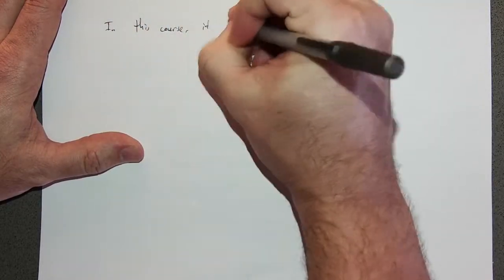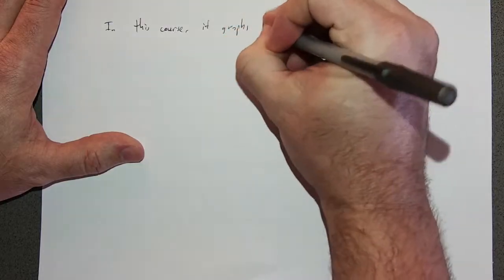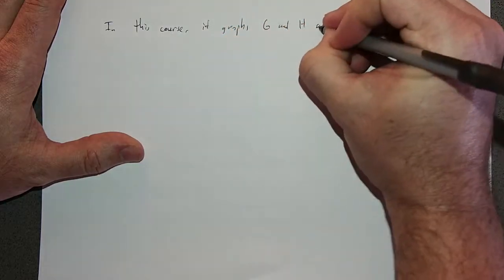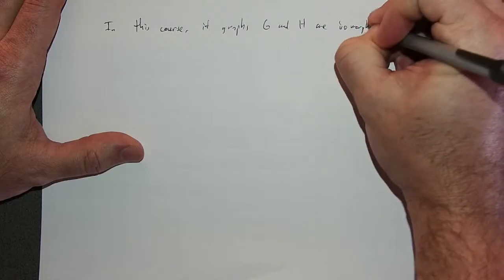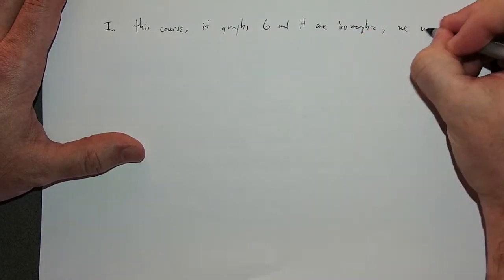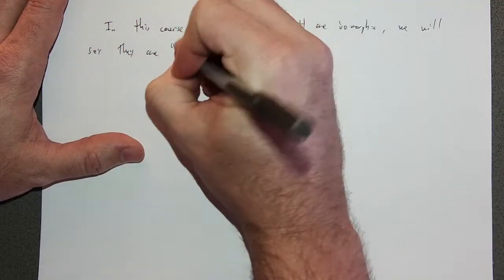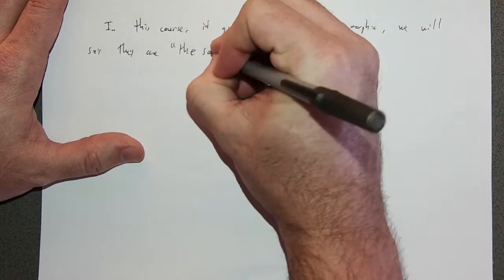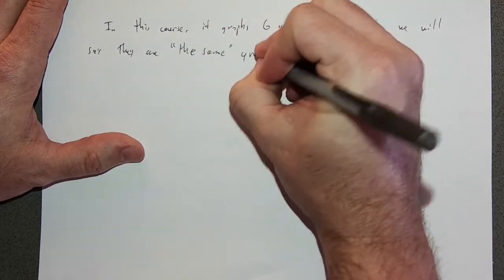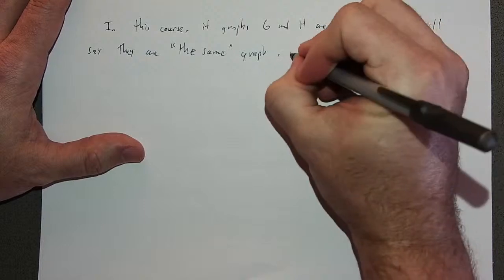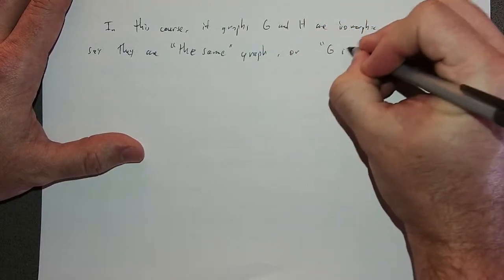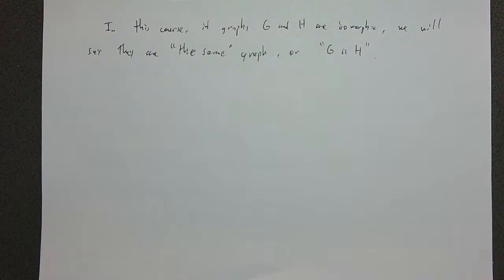And so, as I said, in this course, if graphs G and H are isomorphic, we will say they are the same graph, or simply that G is H. Of course, because this is a one-to-one correspondence, all of this is invertible.